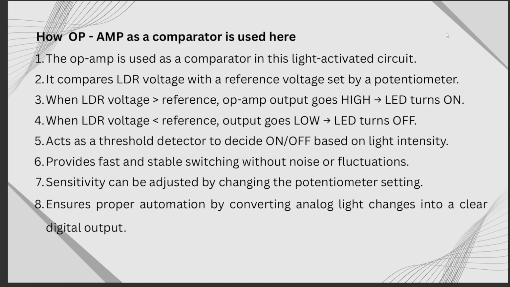When the LDR voltage becomes lower, the output goes low and the LED turns off. So the op-amp is basically acting like a threshold detector, deciding whether to activate the LED based on the ambient light. The sensitivity of the circuit can be adjusted simply by rotating the potentiometer.